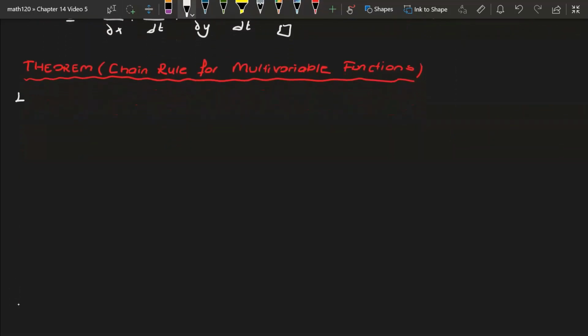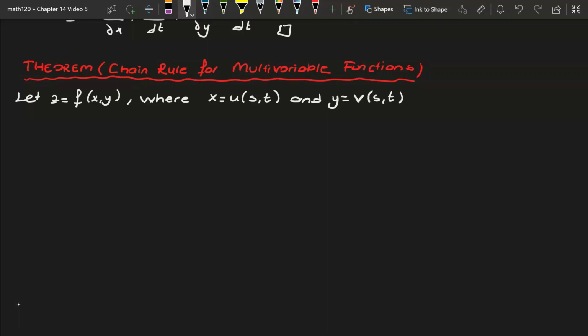Let z be f of x y, where x is a function u of s and t, and y is, say, v of s t.